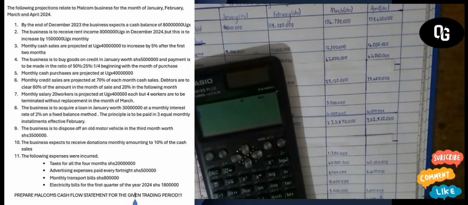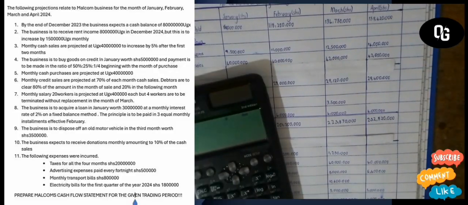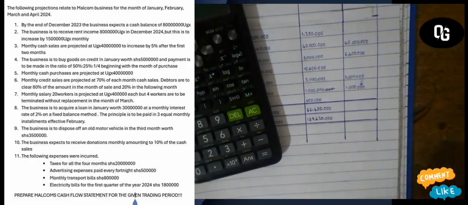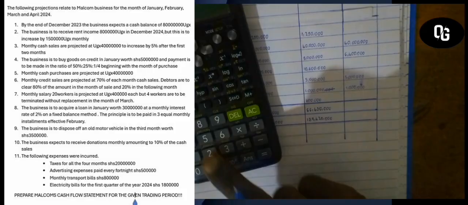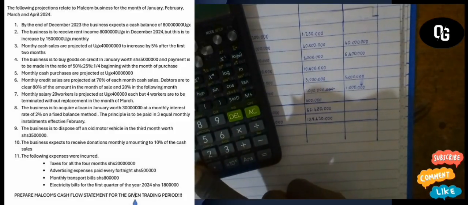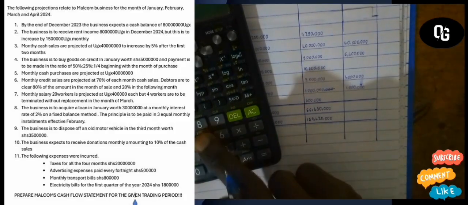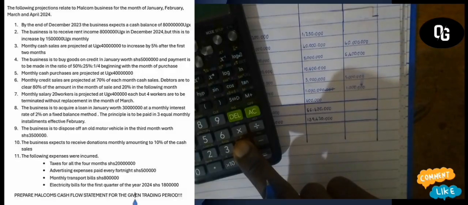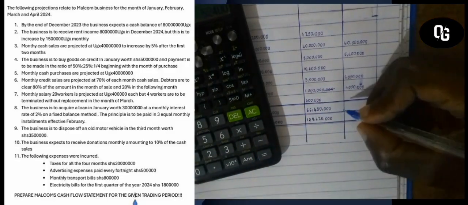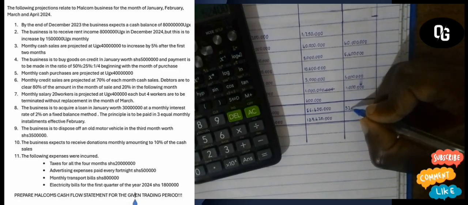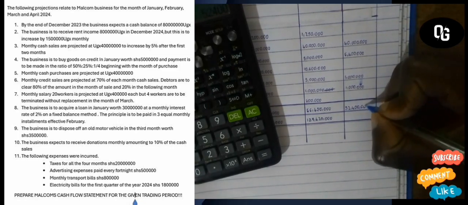So moving on, we're going to calculate our total cash outflows. So we are going to add our goods on credit, our cash purchases, salaries, loan repayments, taxes, advertising expenses, and electricity bill to give us our total cash outflows. So this will give us 52,400,000.